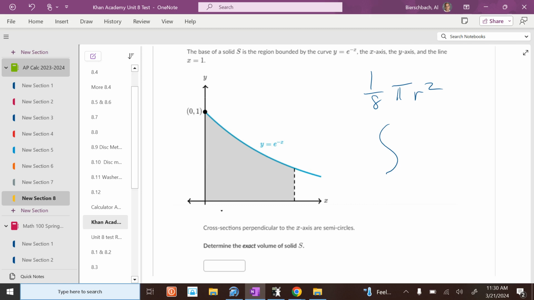So if we're perpendicular to the x-axis, it's from here to here, and we got to figure out where it ends. X equals 1. Okay, well then that's easy. So from 0 to 1 of 1/8 pi, and if it's a radius, this distance across is this, so you take e to the negative x divided by 2 to find the radius.